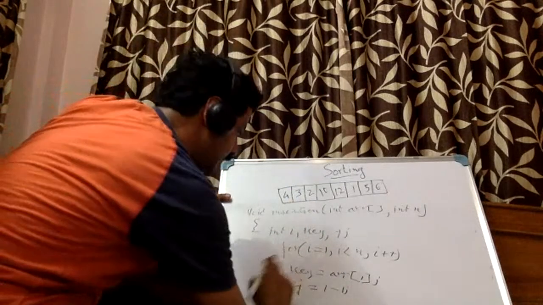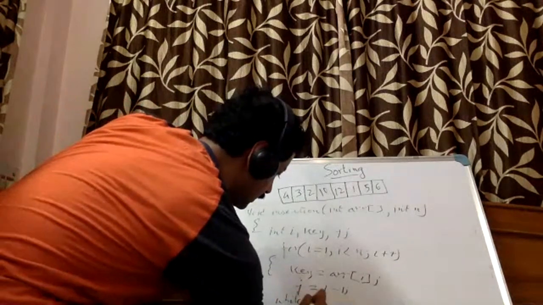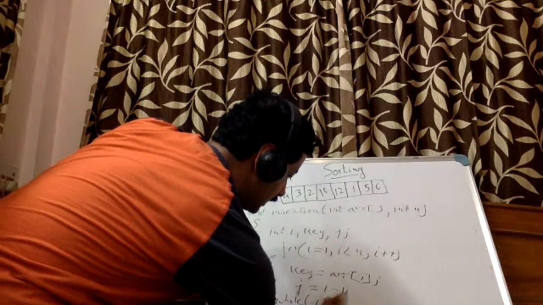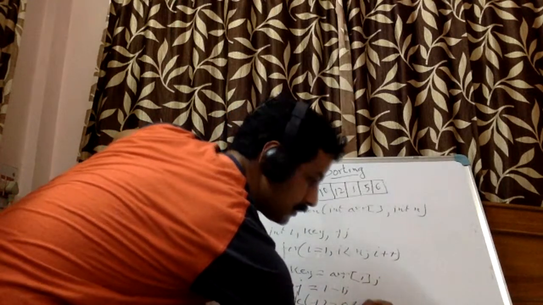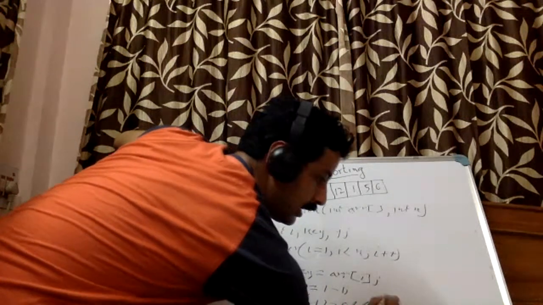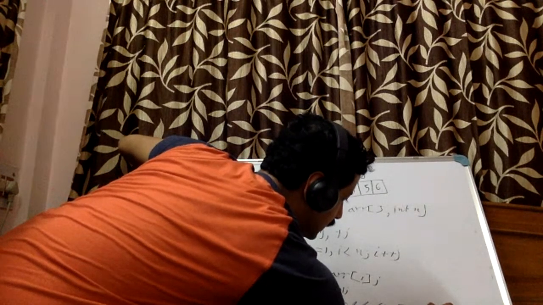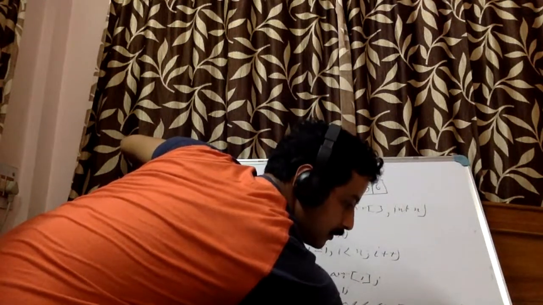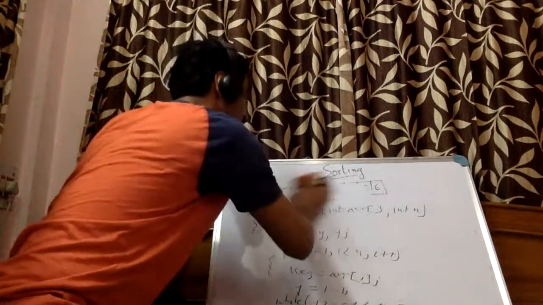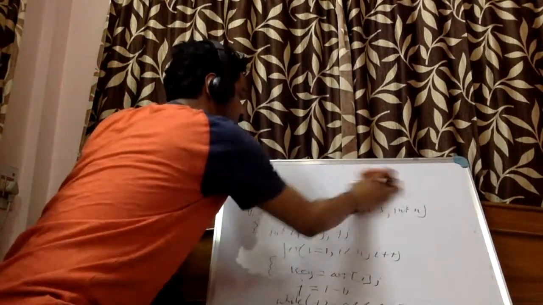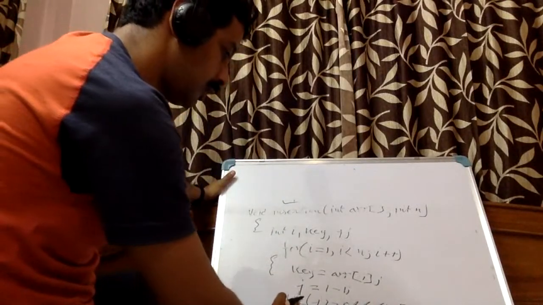That's why while j greater than or equal to 0 and arr[j] greater than key. I'm writing this just above. I have already written the while.